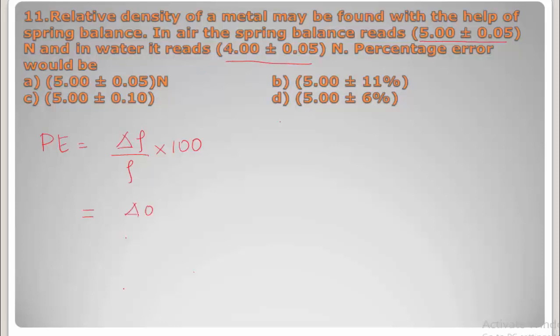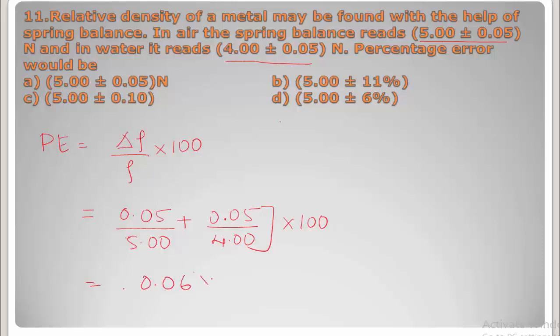In air the delta value is 0.05 divided by 5.00 plus in water it is 0.05 divided by 4.00, into 100. Simplify this, you will get 0.06 into 100, that is equal to 6%. So the percentage error in relative density is 6% here. So option D is the correct answer.